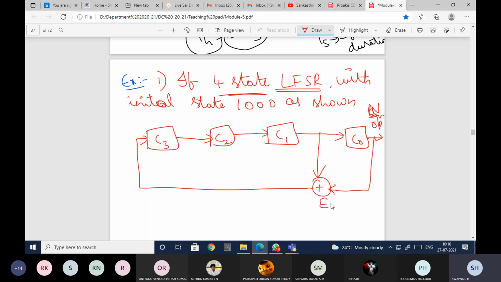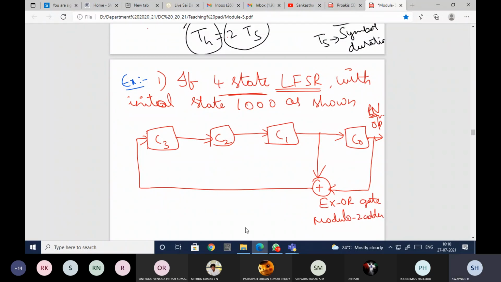Here this is nothing but the XOR gate or modulo 2 adder. So this is the circuit given.